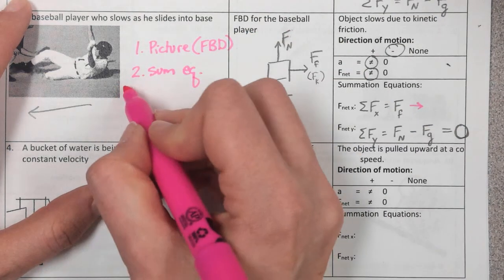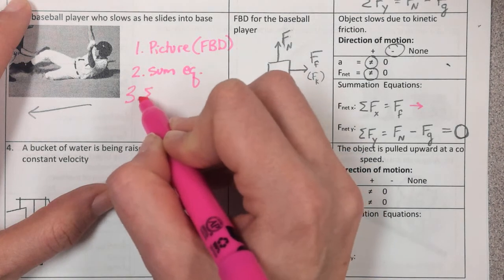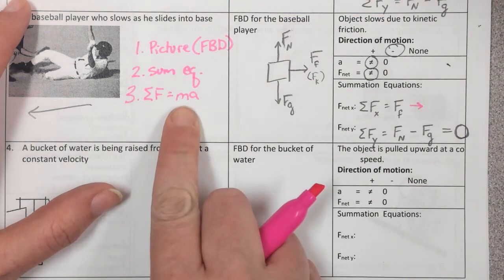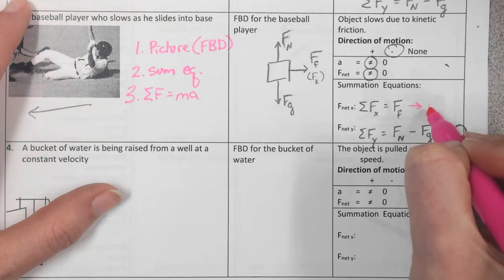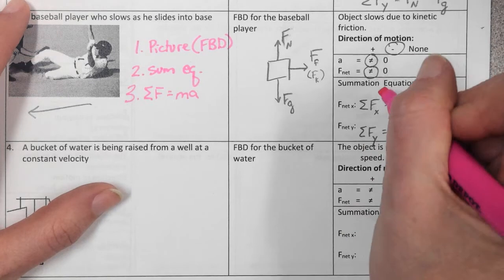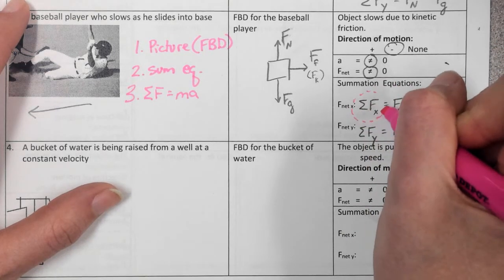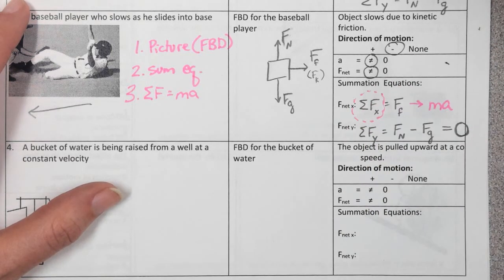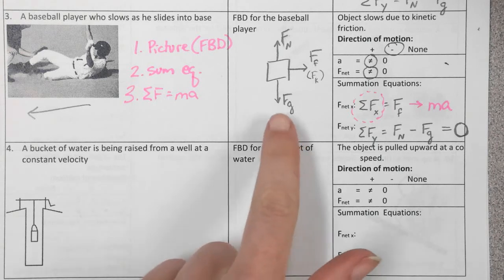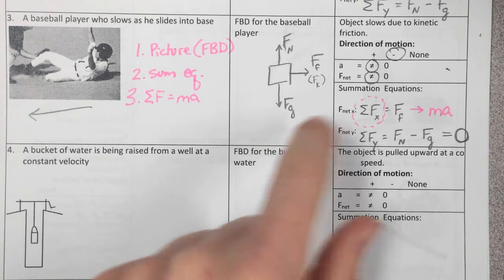Our third step is using Newton's second law. If we're accelerating, we substitute mass times acceleration for this here. Do y'all remember that from yesterday? Today we're not really doing that because I wanted to focus on just drawing the picture and writing the equation.